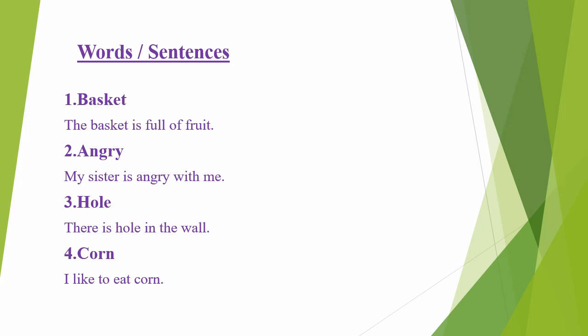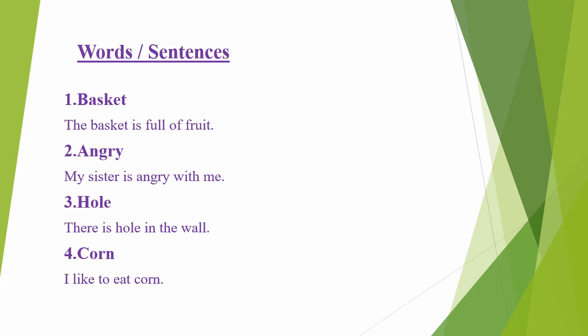Now coming to the sentences of the given words. Students, we are doing sample sentences for each word, but you can make your own sentences and write them in your notebook with the help of your mother. Let's start. Number 1, basket. Sample sentence: the basket is full of fruit.